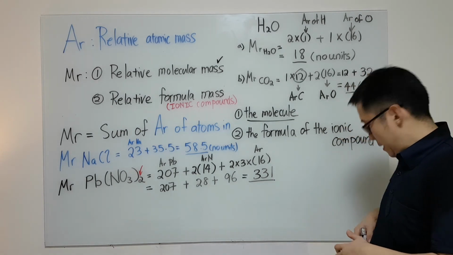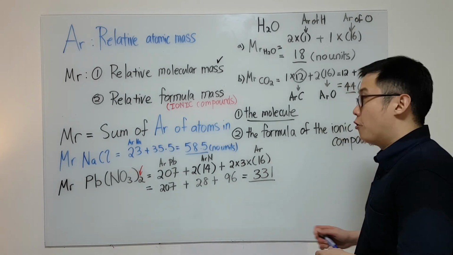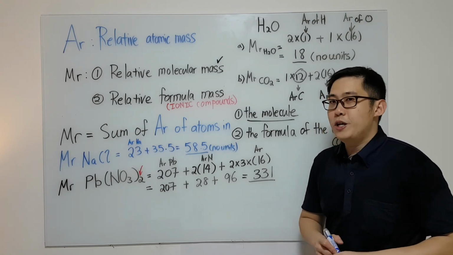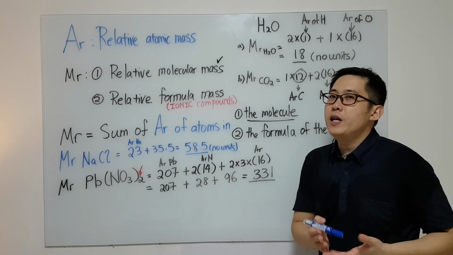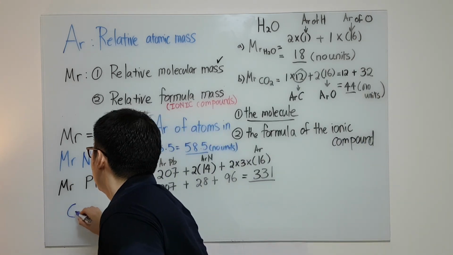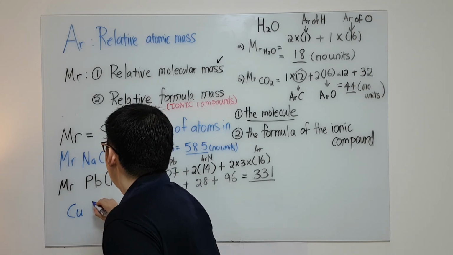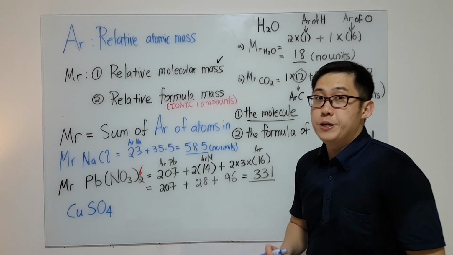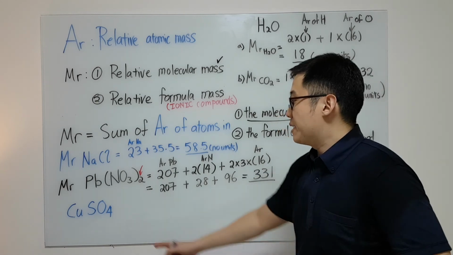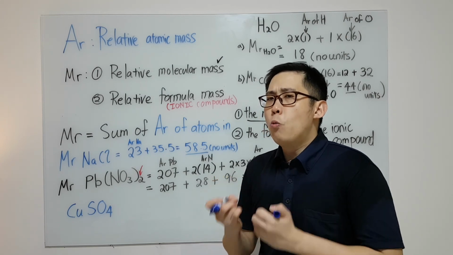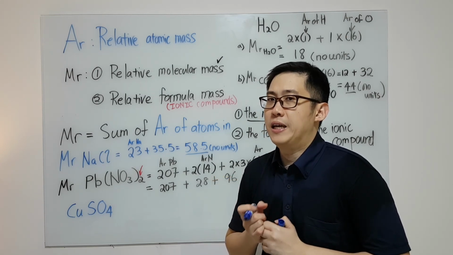Okay, students. And as a bonus, before I close this chapter, I'd like to introduce to you a situation of your very familiar copper sulfate, CuSO4. Now, students, your copper sulfate, sometimes when it's crystallized, it will have water trapped in it.